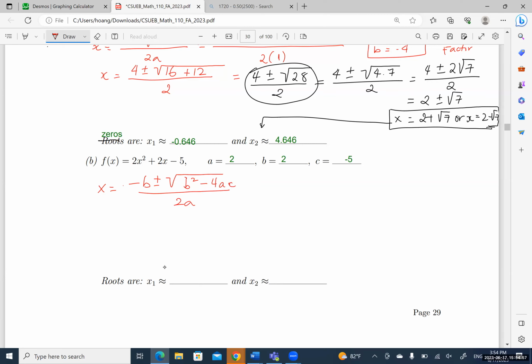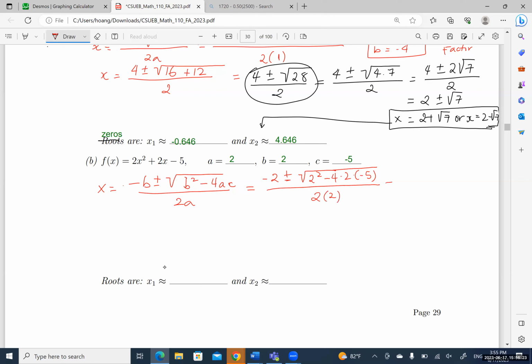And so, negative 2 plus or minus the square root of 2 squared minus 4 times 2 times -5, divided by 2 times 2.